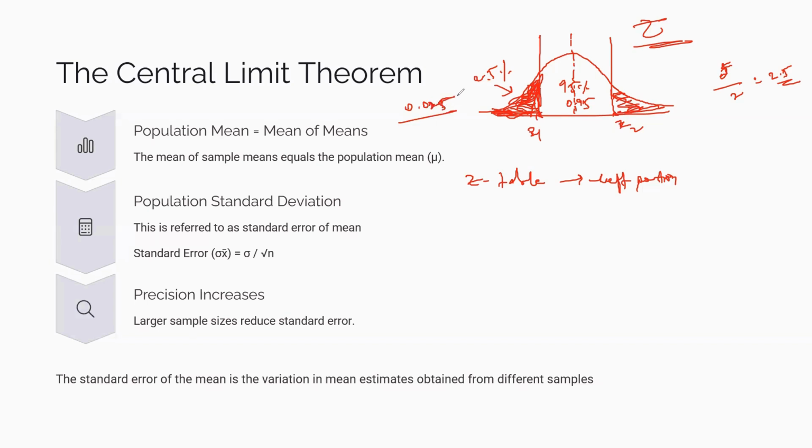So I will go and verify this number in the Z table. Yeah, I will represent this in the Z table. Let's pull up the Z table that we were looking at yesterday.